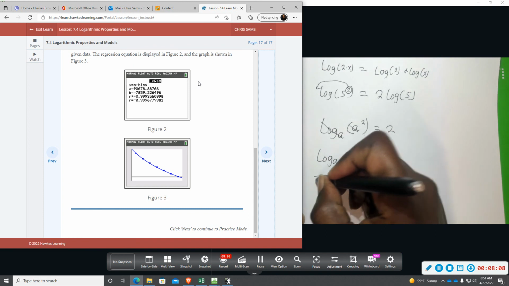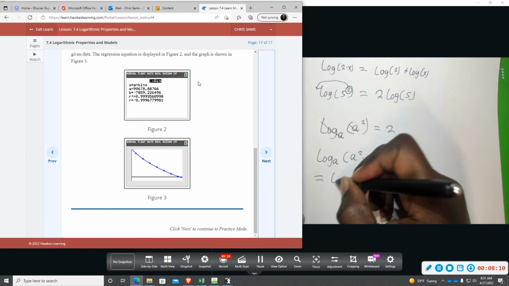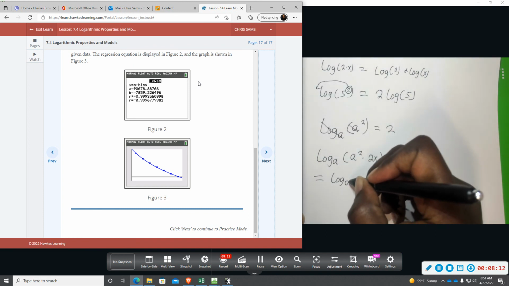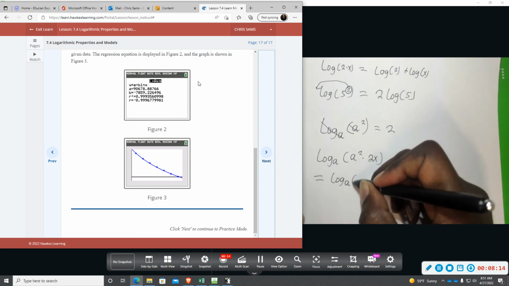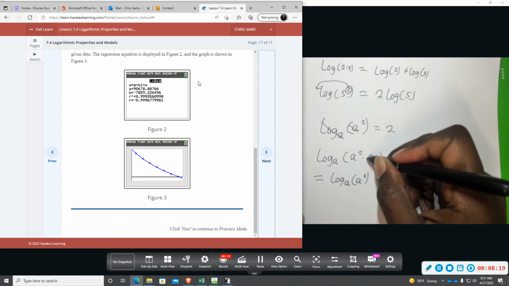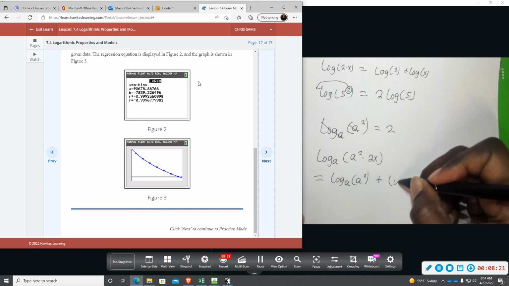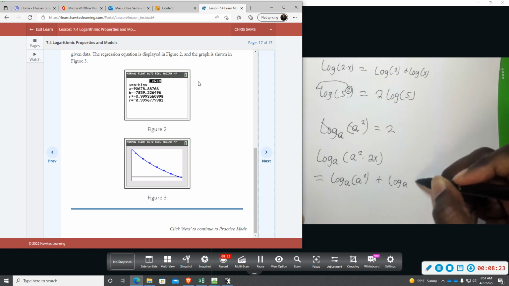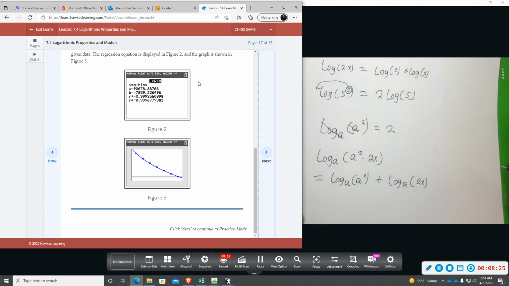So this problem would become log base a of a squared, and then plus, because that's what happens when you do multiplication, log base a of 2x.